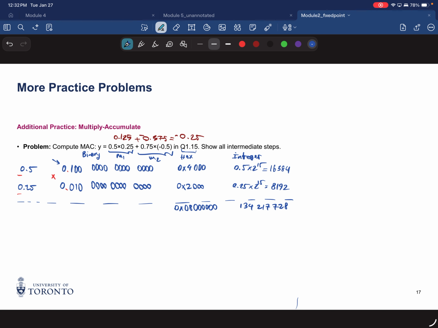And then here, this is the pretty one. So we start. So we have 8 of these because we multiplied 4 bits by 4 bits. 1, 2, 3, 4, 5, 6, 7. Okay.